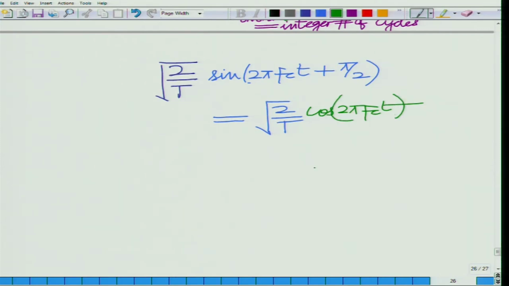So cosine 2 pi f c t is obtained from sine 2 pi f c t by shifting the phase by pi by 2.